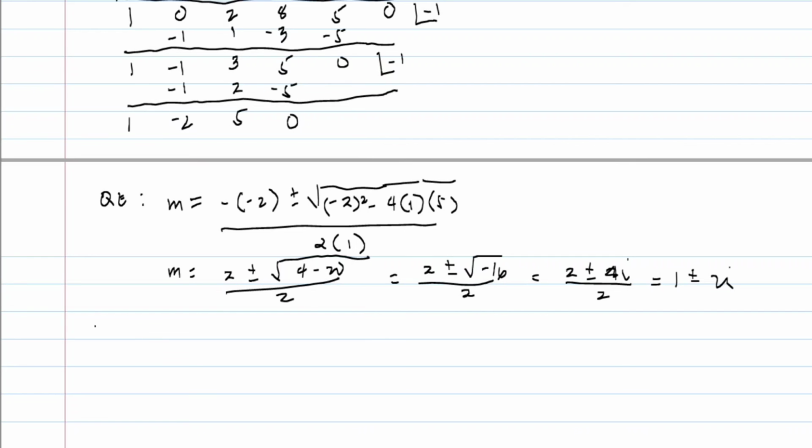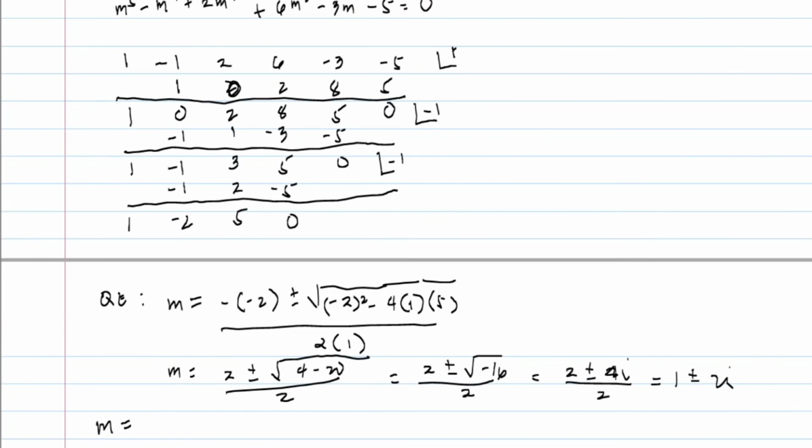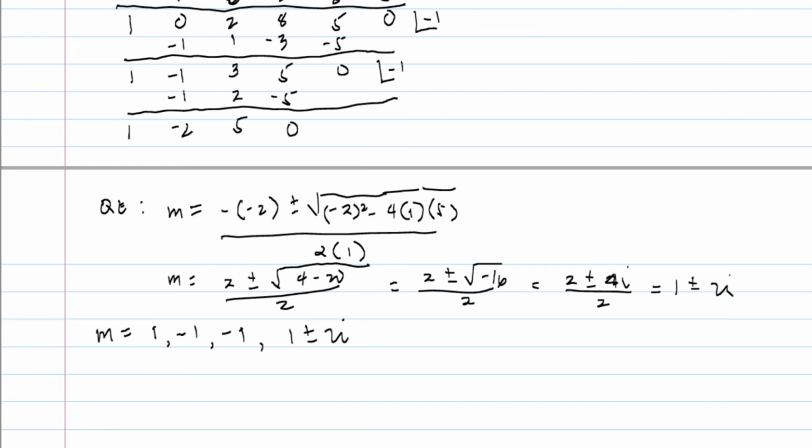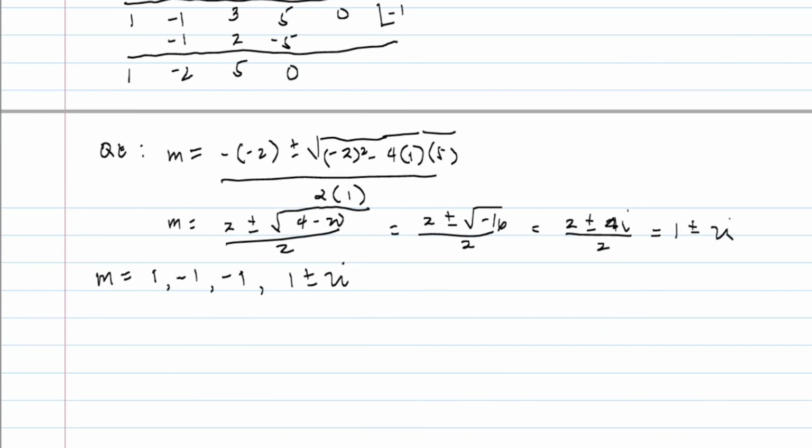So, ano yung mga m natin? Okay. Summarize lang natin na ang m natin na nakuha kanina is positive 1, negative 1, negative 1, and then 1 plus minus 2i. Okay? So, yun po yung ating roots.